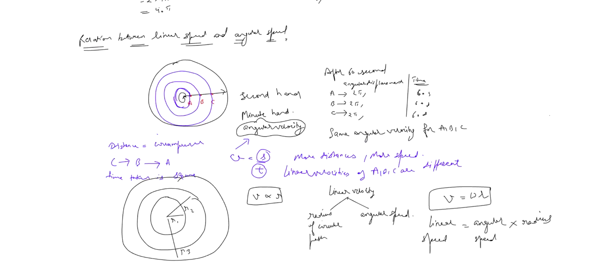I'm confused with that, sir. No, see, when we talk about velocity, it defines direction only. Here we just simply mention clockwise or anti-clockwise the particle is moving. So you can write linear speed.